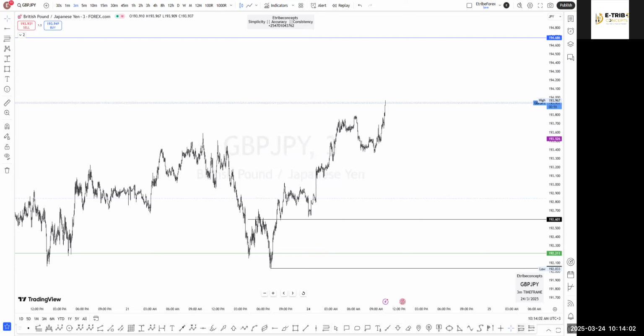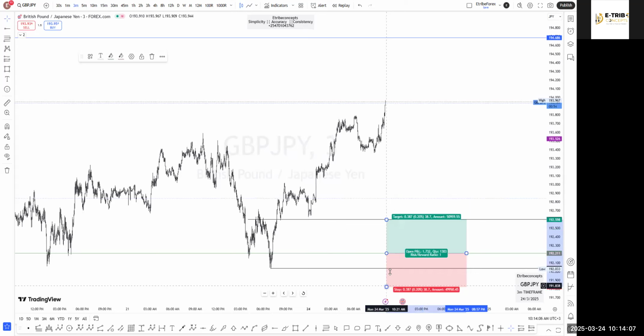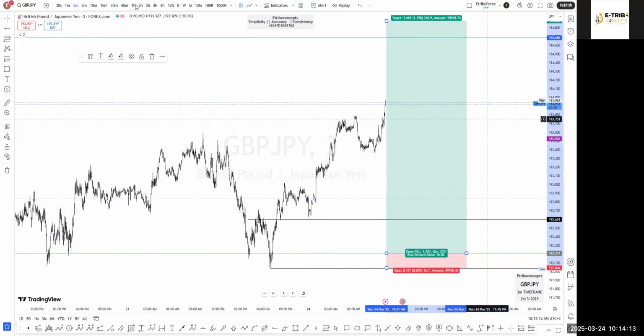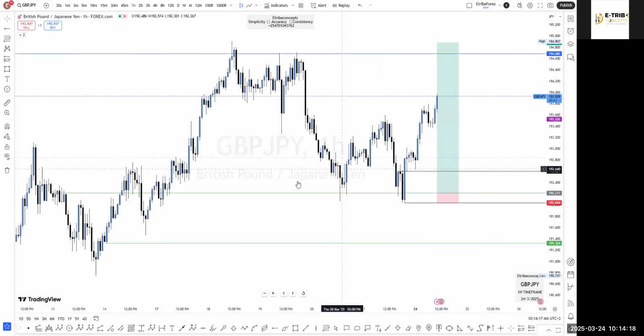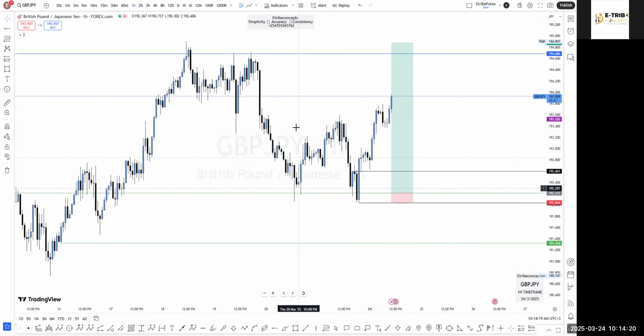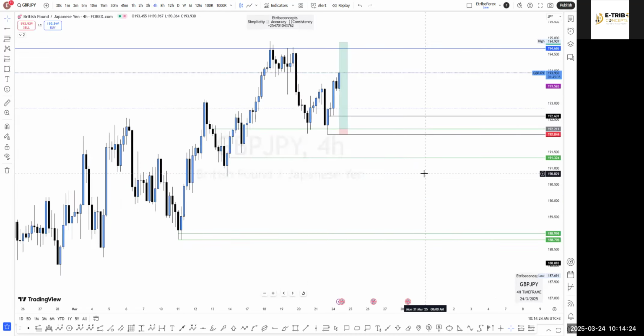I'm not sure on that. But this could be a very nice area to get some buys from, if the market will be coming there. So that is on GJ. Then, if I go back to 4 hours, I want you guys to see something.